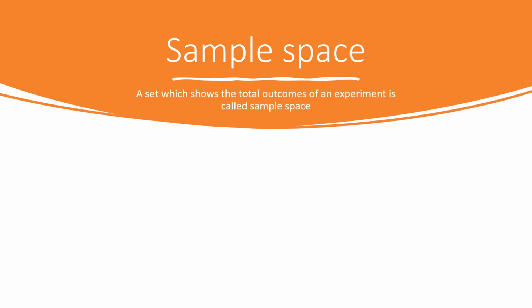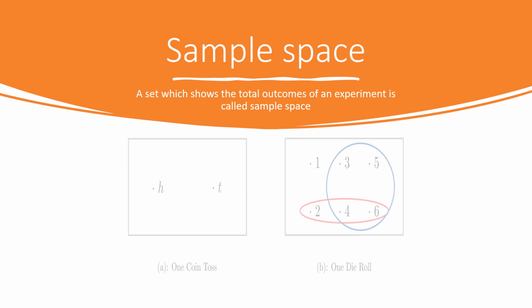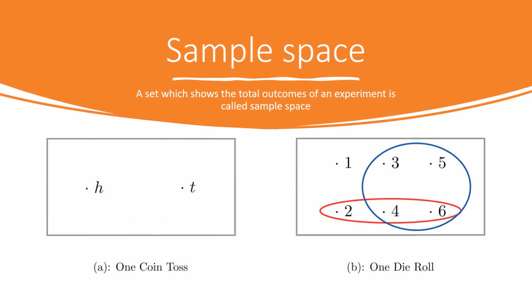So now we'll see what a sample space is, and it's like a set which shows the total outcomes of an experiment. So whatever the experiment you're trying to do, the total outcomes. Like for example, if you are tossing a coin, the total outcomes is two.